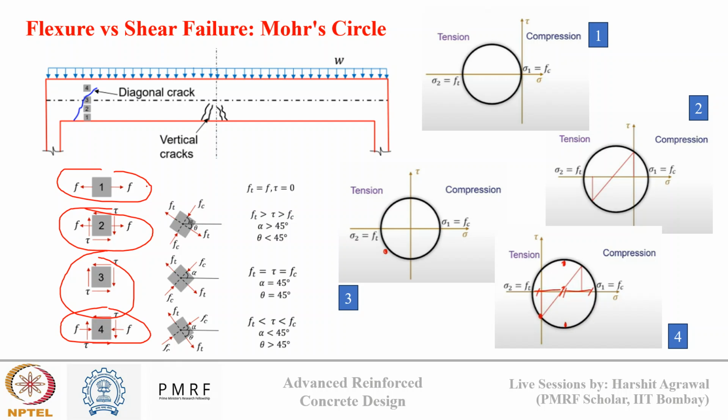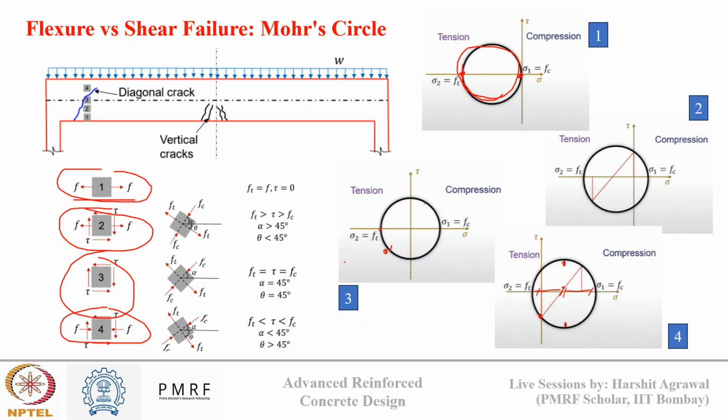For each of these we draw circles. For the first point, where there is no shear, our Mohr circle will look like this. I have these two known points, and using them I have drawn the circle. Now for the second case, where there is flexure tension and shear, I will have two points somewhere like this.